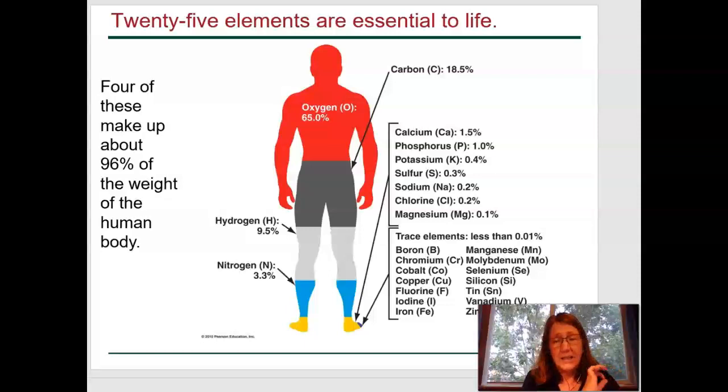Our next concept question is going to be what 4 elements make up 96% of the weight of the human body? The answer to that one is found on this slide. So we've got oxygen. You do not have to know the percentages. So you've got oxygen, you've got carbon, you've got hydrogen, and you've got nitrogen.